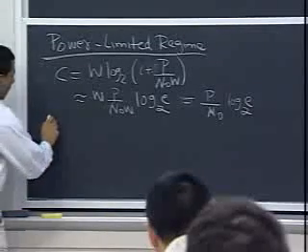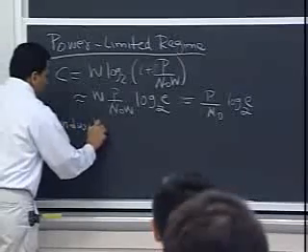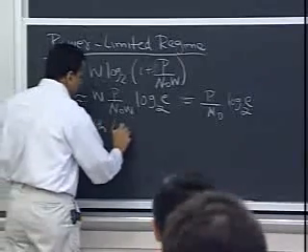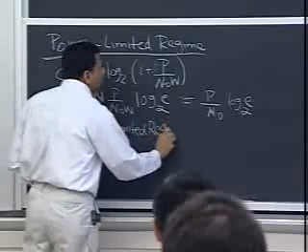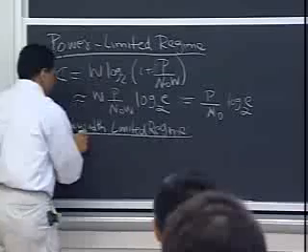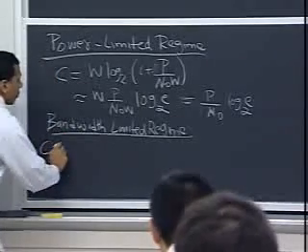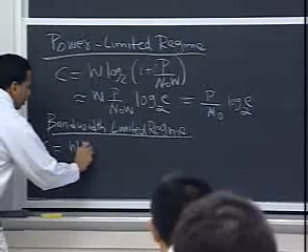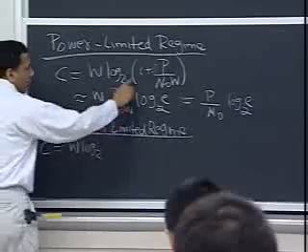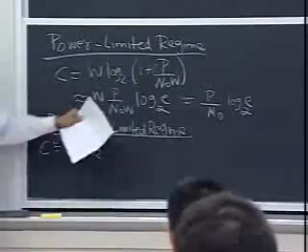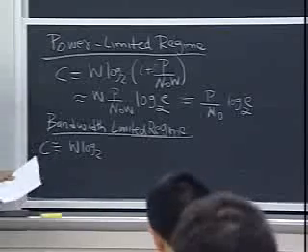What happens in the bandwidth limited regime? Well, in this case, C is approximately W log2 of P over N naught W, and I can ignore the 1 because P over N naught W is large, because my SNR is large in the bandwidth limited regime.